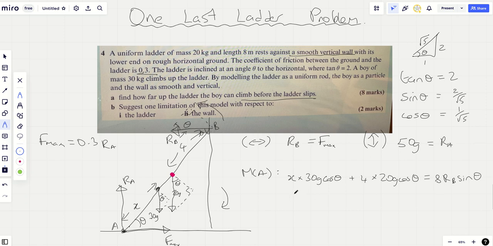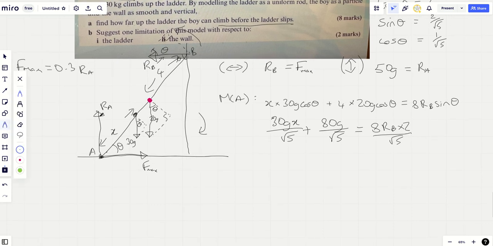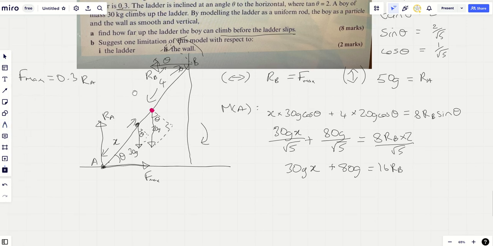Okay, I'll write down 30gx over root 5 plus 80g over root 5 equals 8RB times 2 over root 5. But I can, of course, times that all by root 5. And I'm going to get 30gx plus 80g equals 16RB.